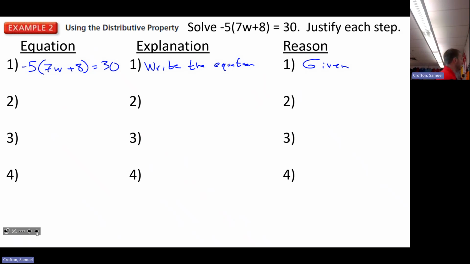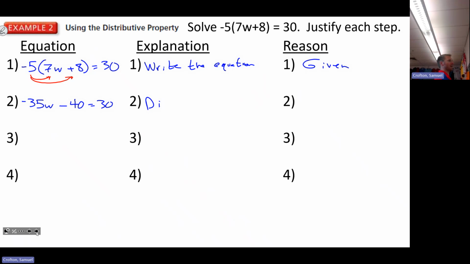Now to solve, we'll see a new property working in. What I see I want to do, thinking my algebra skills, is distribute that -5 into both terms of that binomial to get me -35W minus 40 equals 30. And the explanation is just writing what did you do.